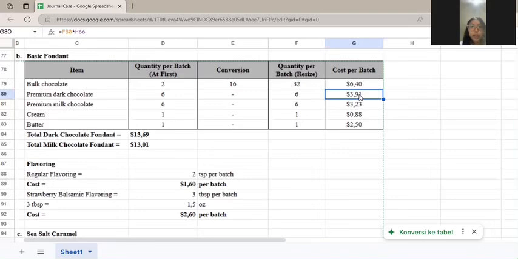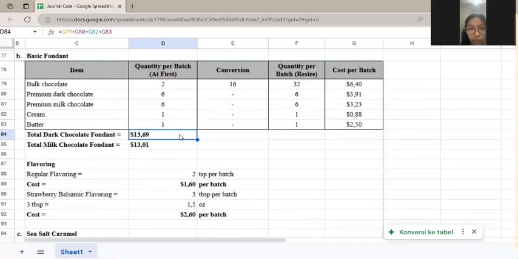The cost per batch we can search again in the previous table. For the total dark chocolate fondant, we just total the cost per batch, but we don't include the premium milk chocolate. And for the total milk chocolate fondant, we total it all except the premium dark chocolate.